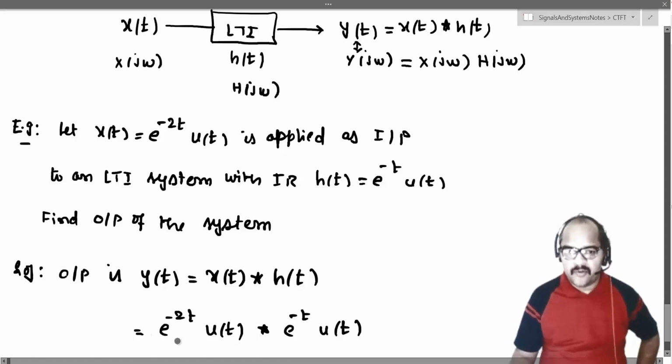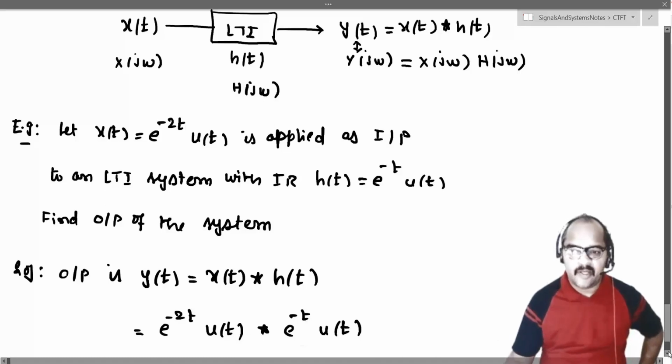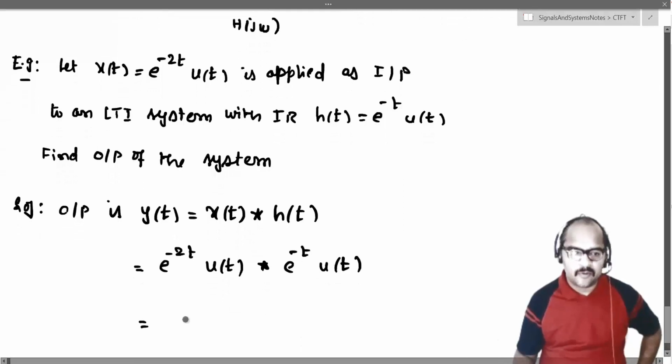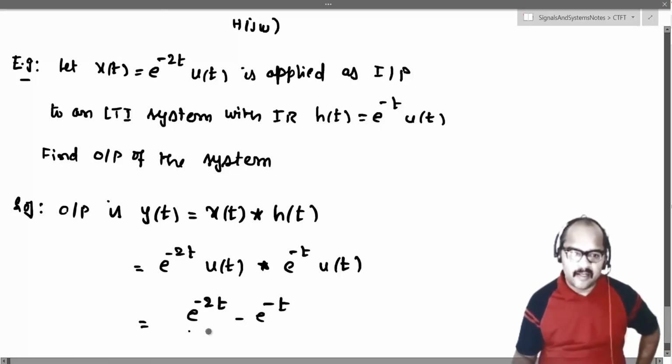But we have just seen that e power minus at u of t convolved with e power minus bt u of t, because a is not equal to b, is e power minus at minus e power minus bt divided by b minus a, multiplied with u of t.